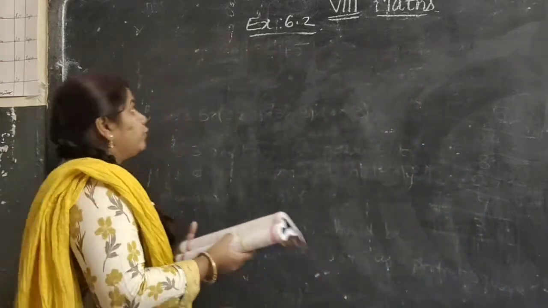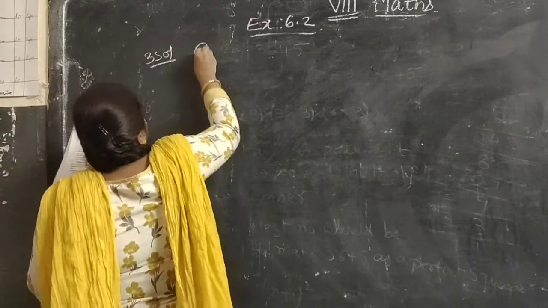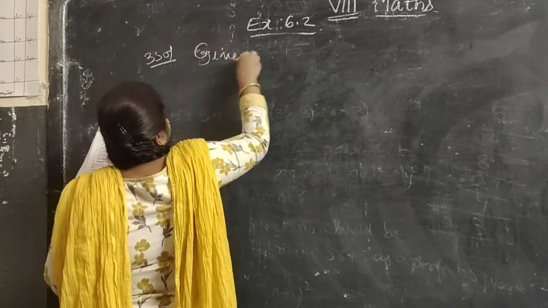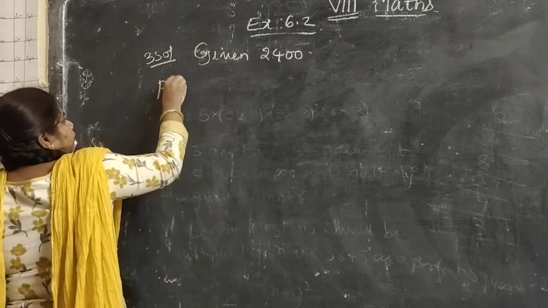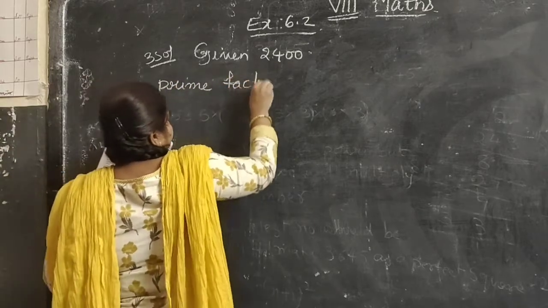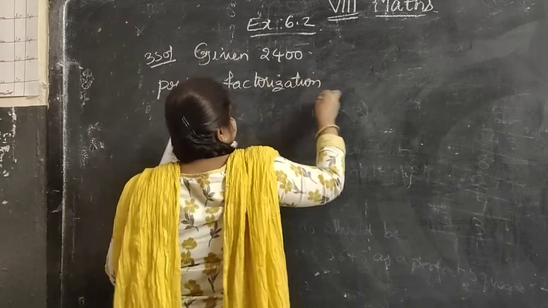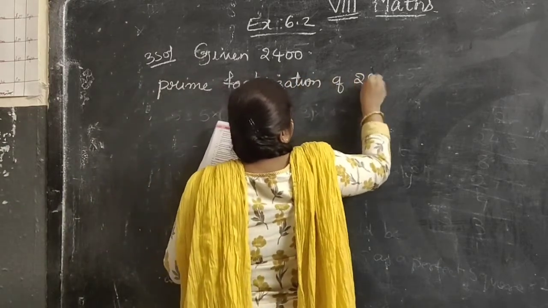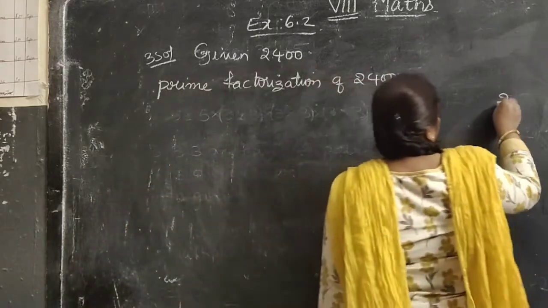So here, first we have to do the prime factorization. They have given the number 2400. So first find the prime factorization of 2400.